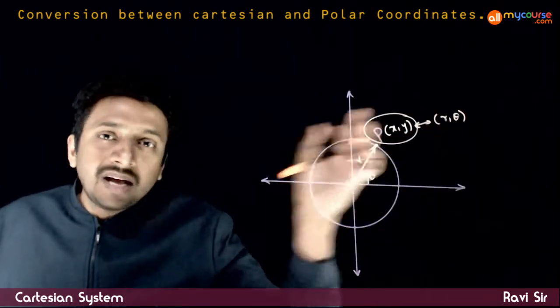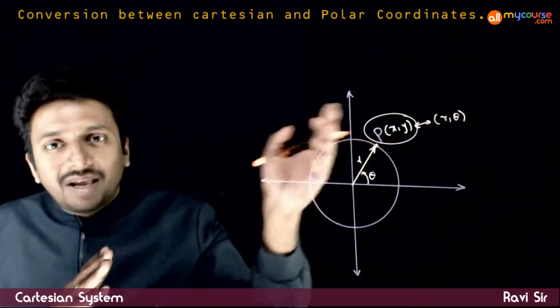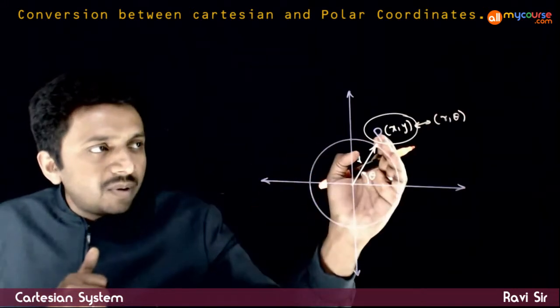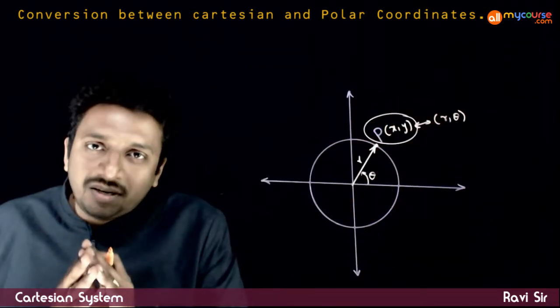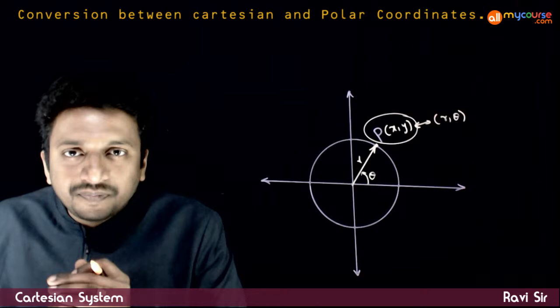Now, if r comma theta is given to you, can you get x comma y from that? If x comma y is given, can you get r comma theta? That's the question that we are going to deal with.